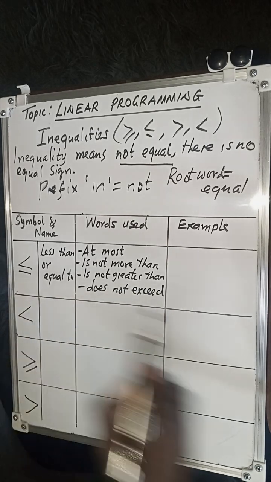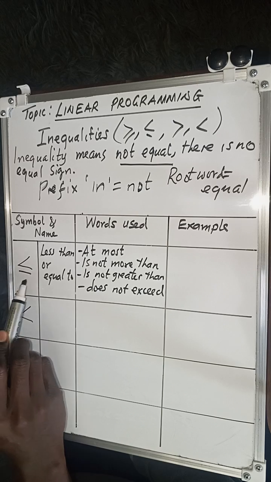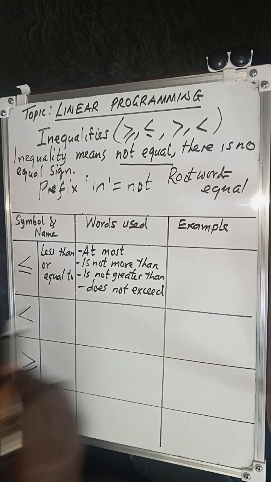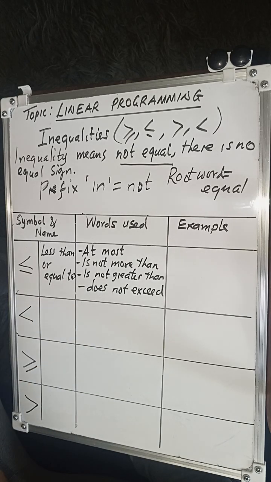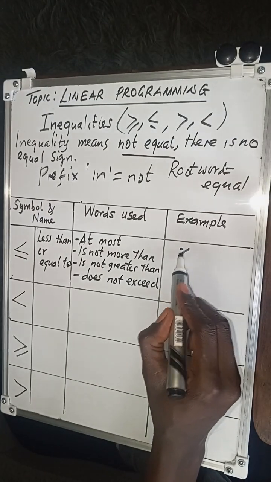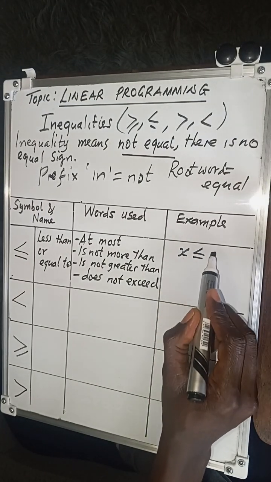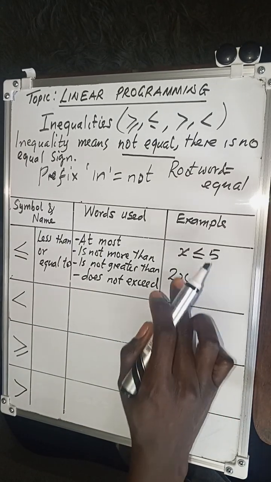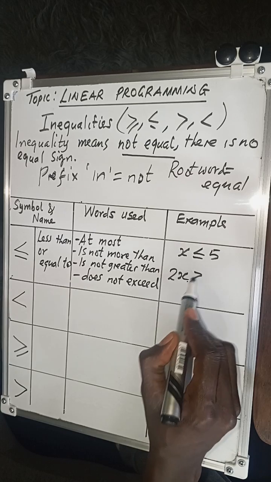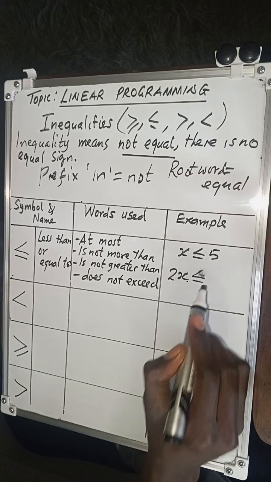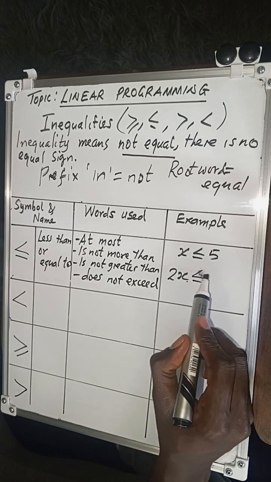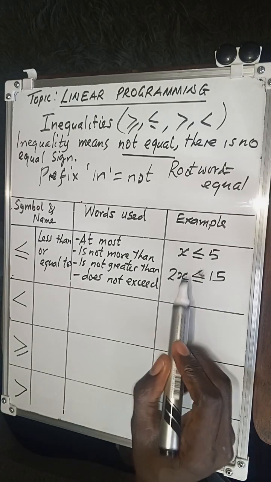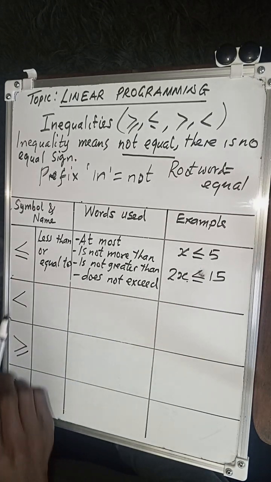Well, when they use such words, it simply means that the inequality symbol that you need to use is actually less than or equal to. For example, if you have x is less than or equal to 5, or you can simply say that 2x is less than or equal to 15. That's what we mean. So those are some of the terminologies they can use.